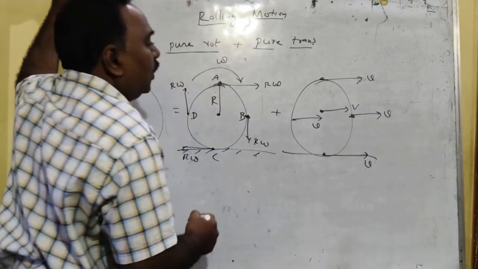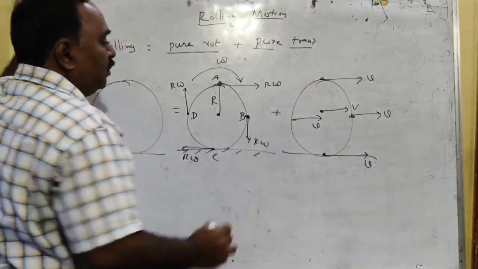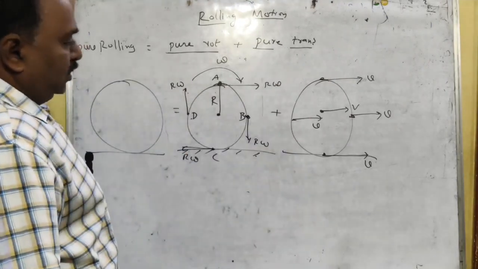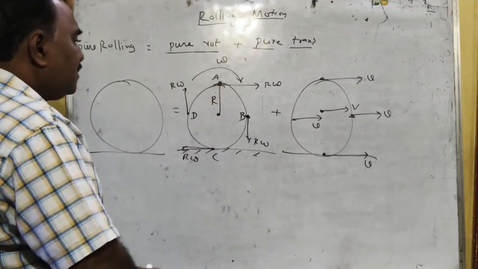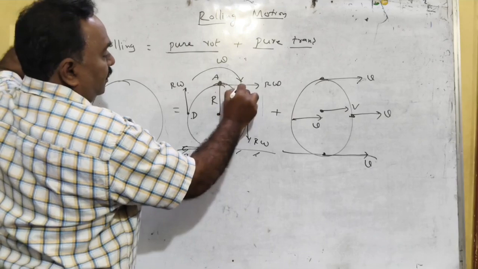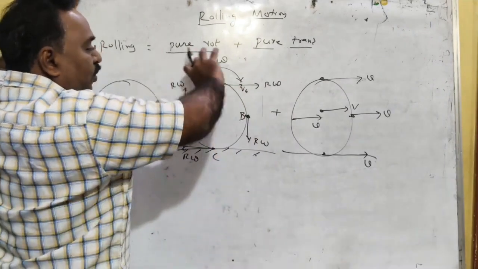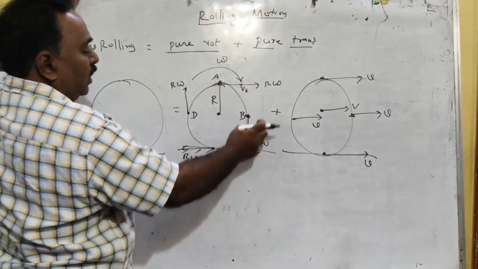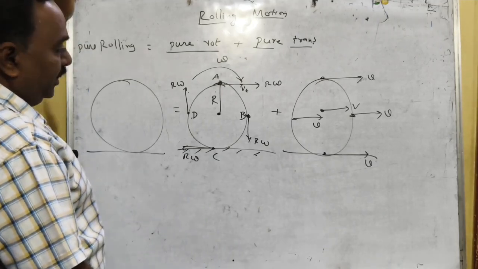Pure translatory motion means every particle will have the pure translatory velocity, let this body be moving with a uniform motion, means V is constant. So here also, this is Vt. Because of the rotation, every point will have the tangential velocity Vt equal to r omega, but the purely translatory velocity is V.